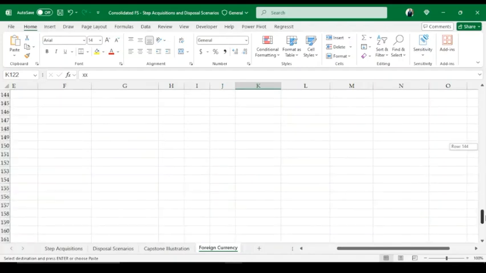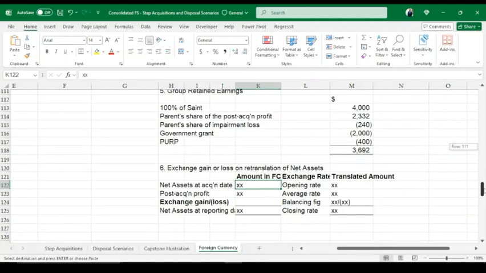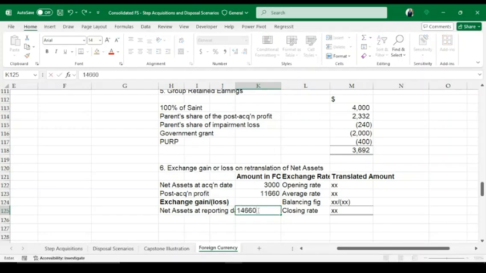All right, so let's go. We have 3,000 for the opening amount. We have post-acquisition profit of 11,660. Remember, these are in the functional currency, which is dollars. And then we'll have the net asset at reporting date of 14,660.